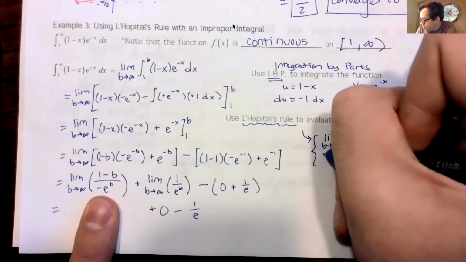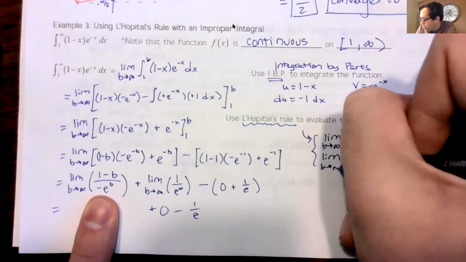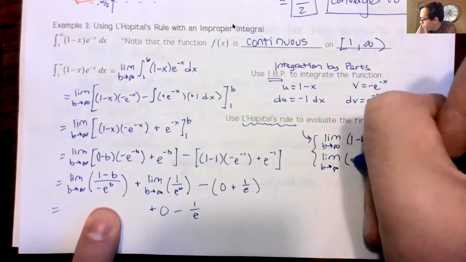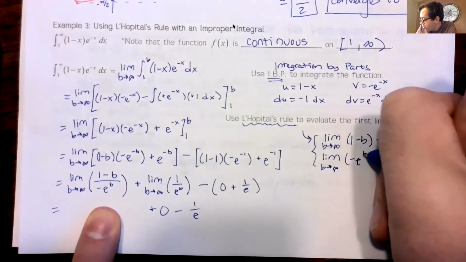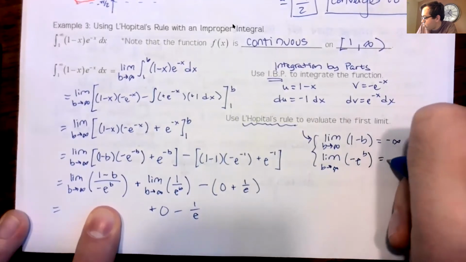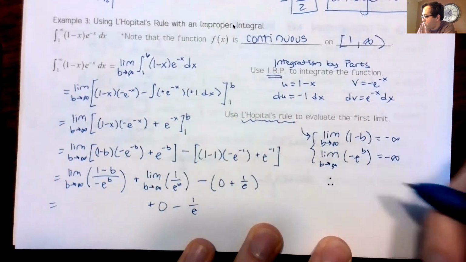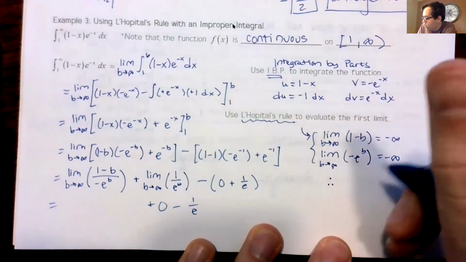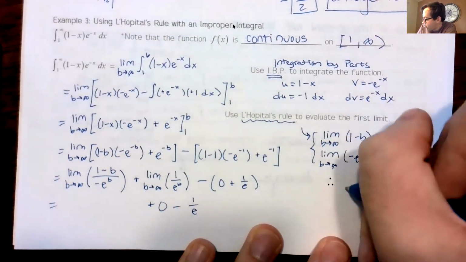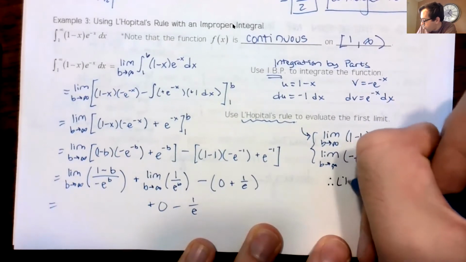And for the bottom, we have the limit as b approaches infinity of negative e to the b. That's also going to approach negative infinity. So therefore, if you haven't seen that before, the 3 dots means therefore. That means therefore L'Hopital's rule applies.